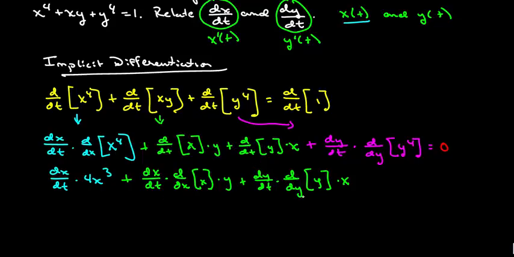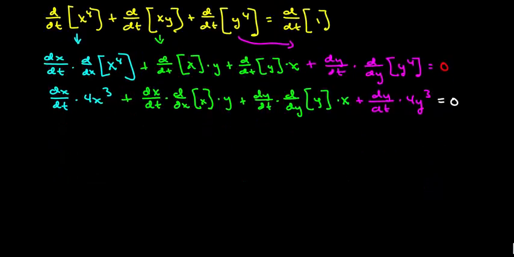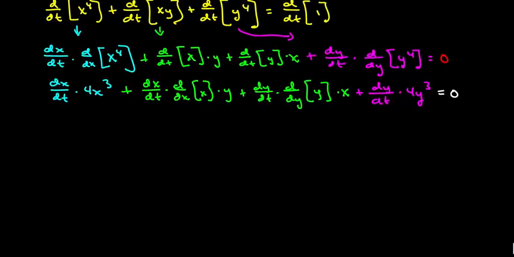Same deal here. If you cancel the y's, you get d/dt, which is this guy, and then the rest is the same. This right here is plus dy/dt times, now the derivative of this with respect to y is 4y to the third, and this is still equal to 0. So this is already set.